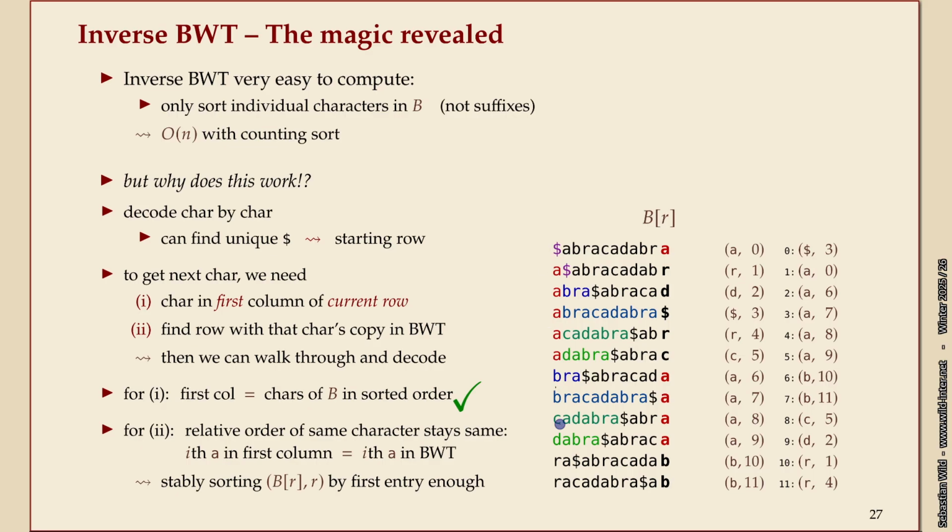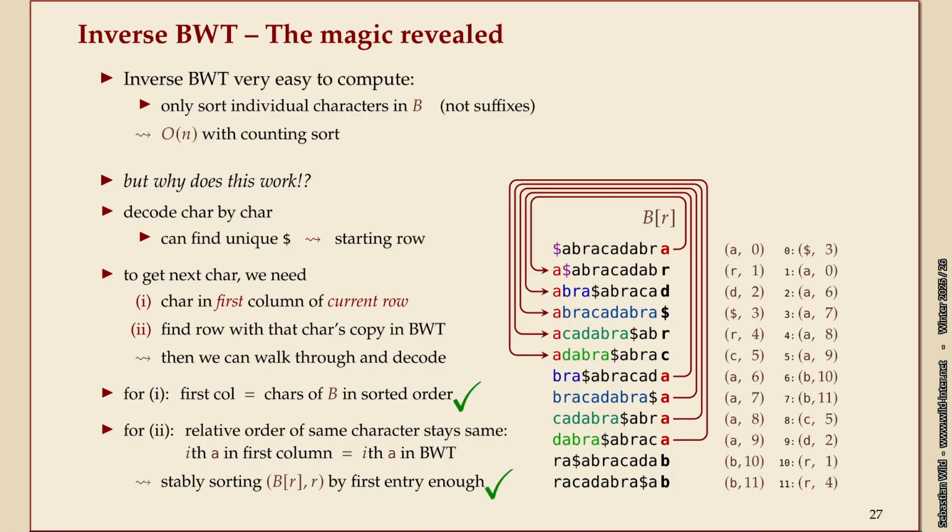Has to be. And that means this A is mapped to the first A here, the second A is mapped to the second here, third to third, and so on. That's why we can decode, because it means that this A here, the third in the sorted order, I know that it's the third because I know the position and number of characters.